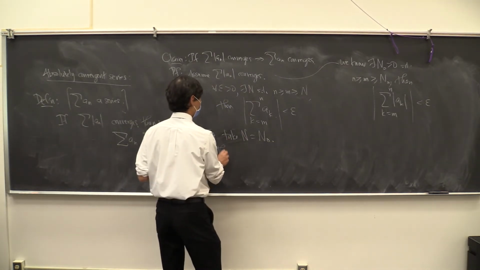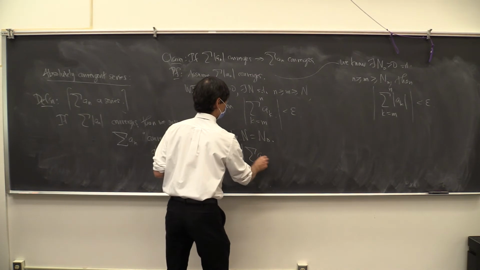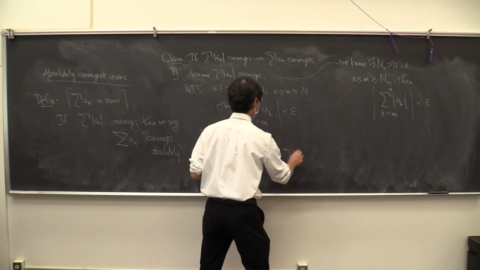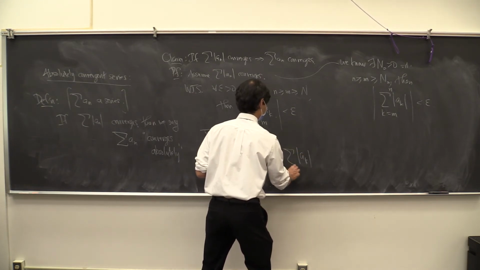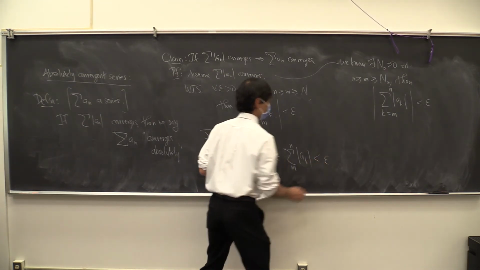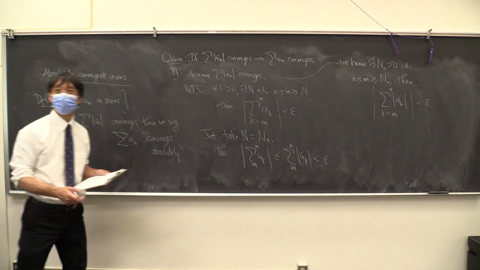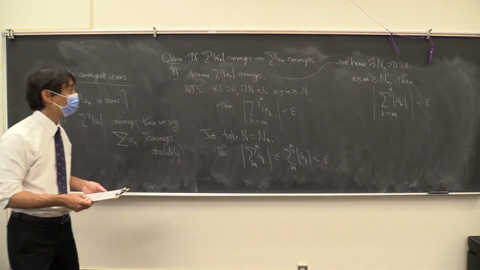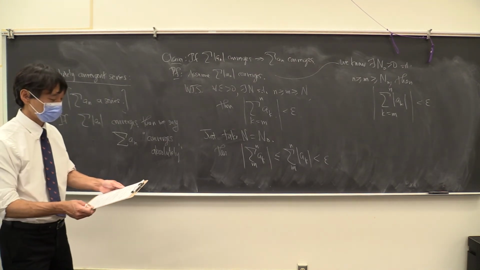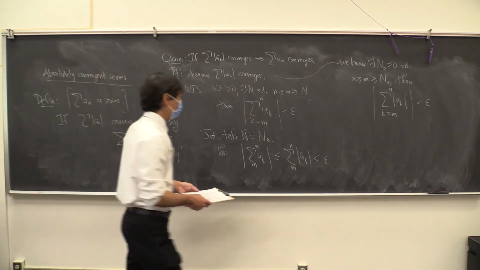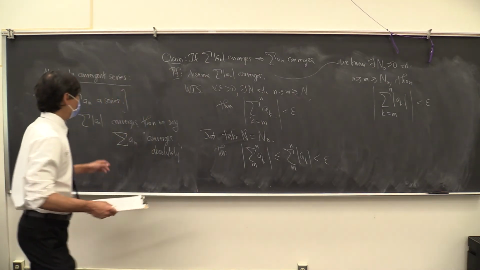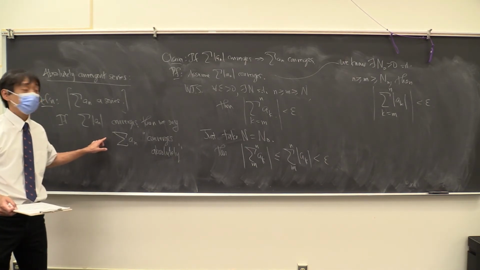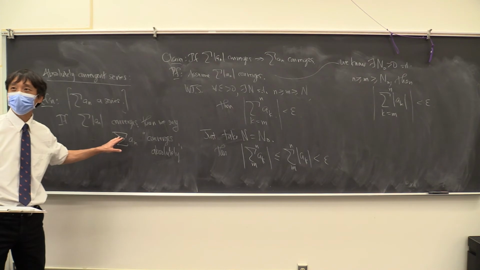Then this thing is certainly smaller than this thing, which is smaller than epsilon. Okay, everybody's okay with that, I hope?